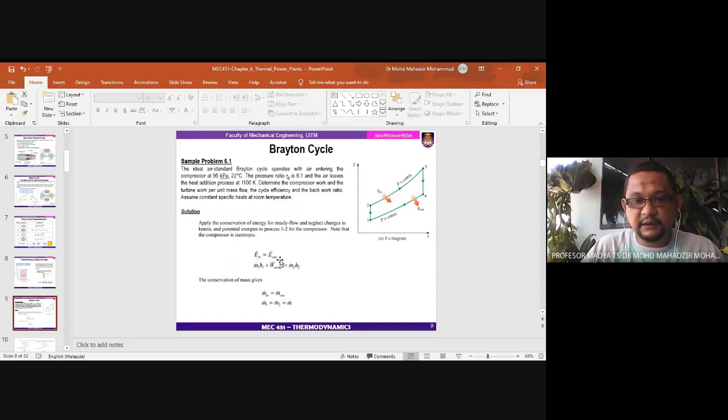Simplify this equation to get this. And you also know the conservation of mass, that means m dot in is equal to m dot out. So that means all mass flow rate in this cycle is equal.